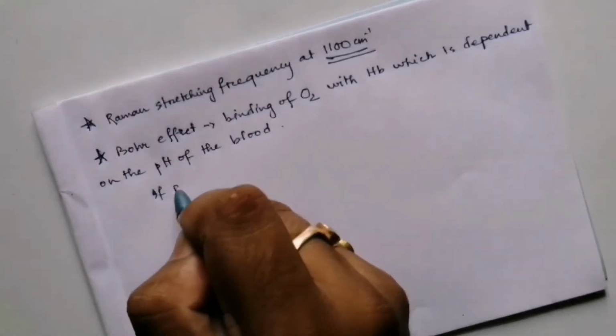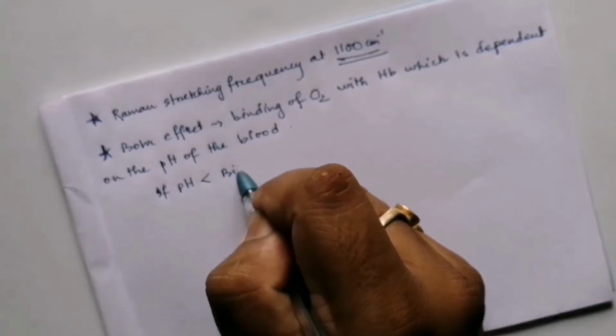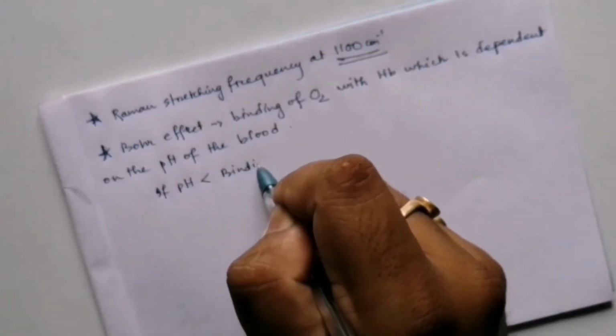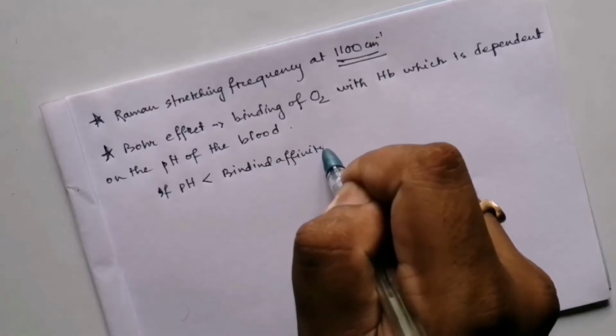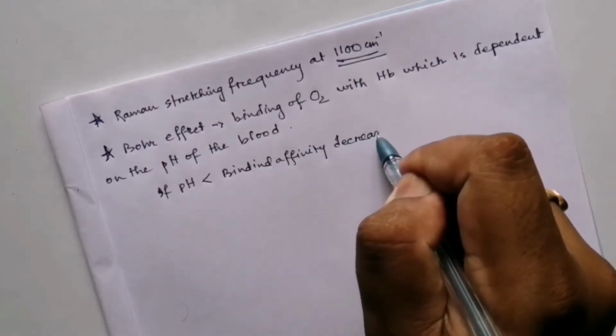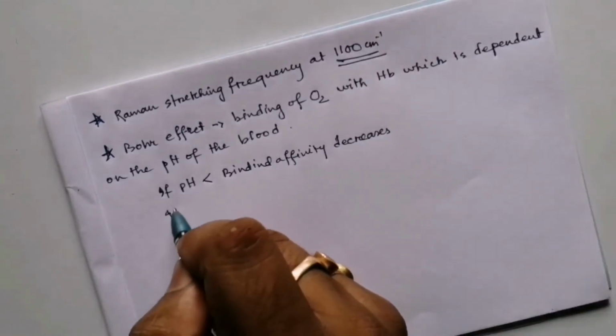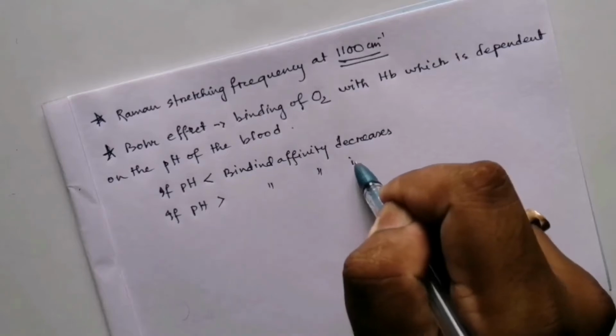If pH decreases, binding affinity of oxygen with hemoglobin decreases, and if pH increases, the binding affinity increases.